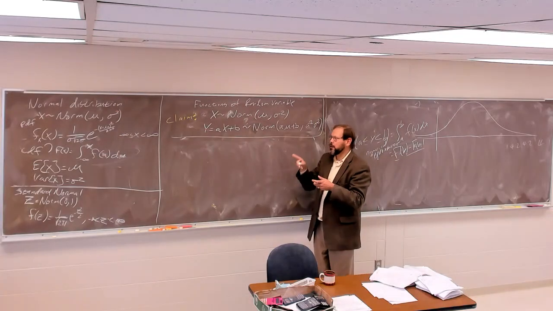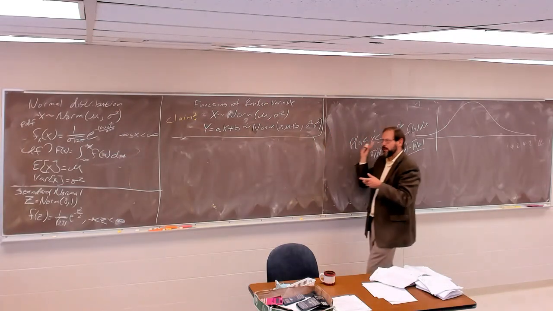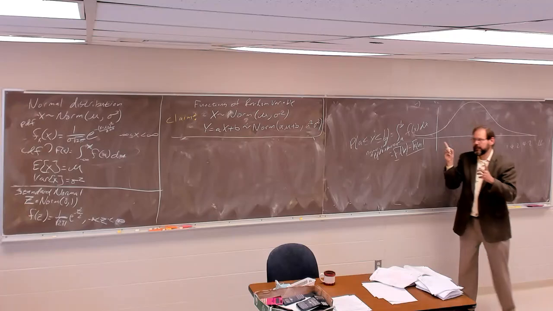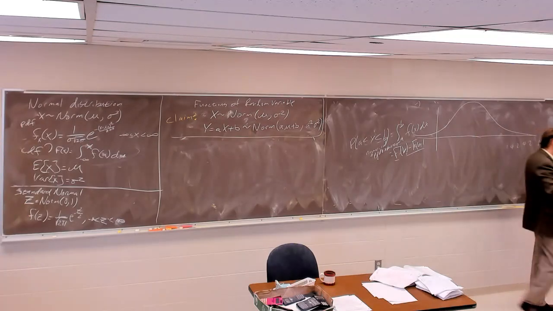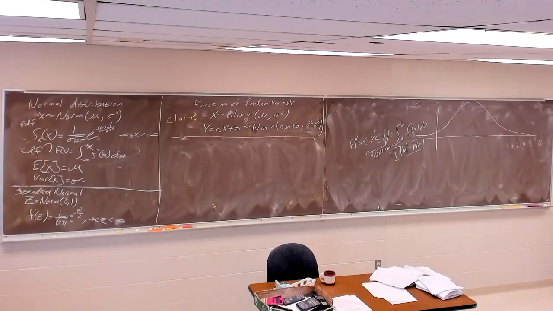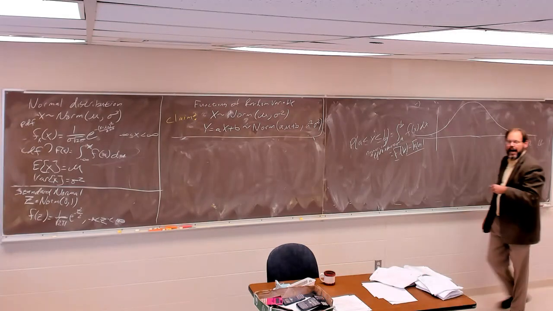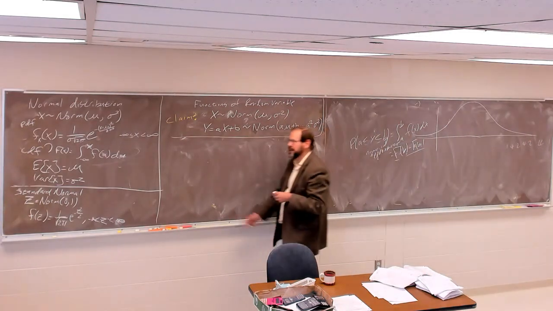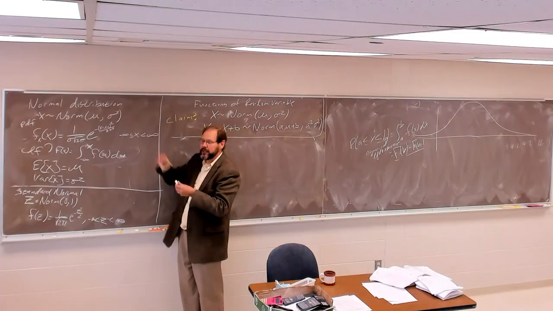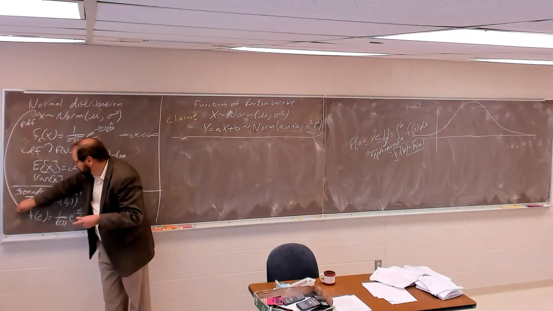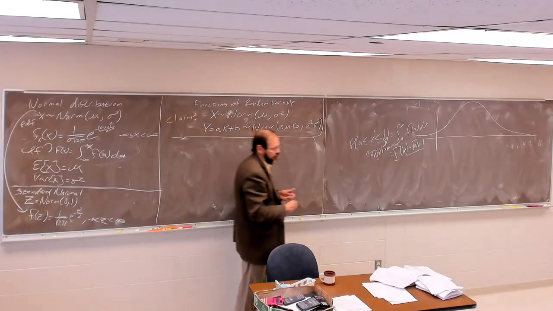And so we're going to go back to what we talked about on, what's today? Wednesday, on Monday. We're going to talk about how we can take a normal random variable and do a linear transformation on any normal random variable, and turn it into a standard normal random variable.